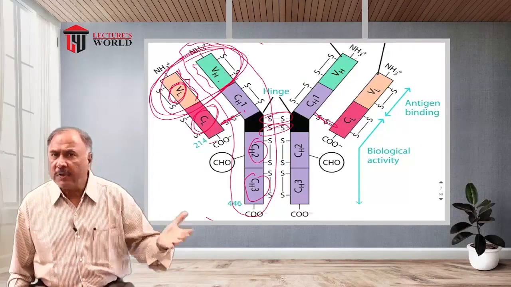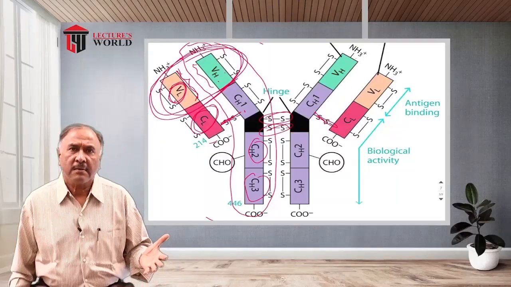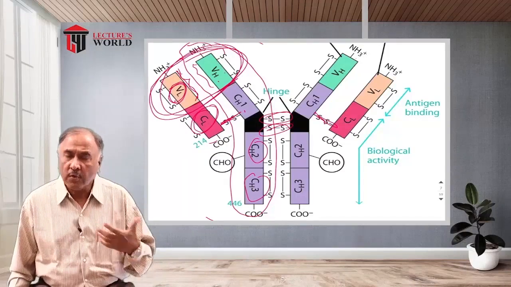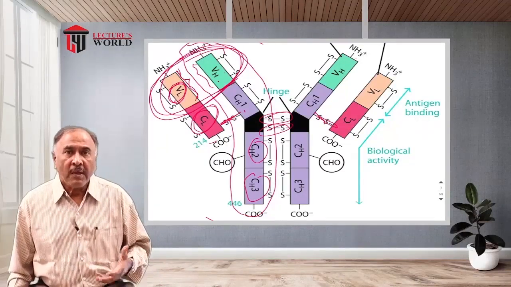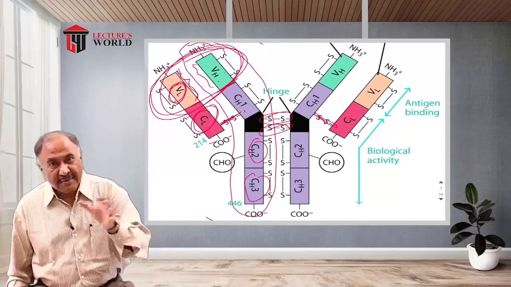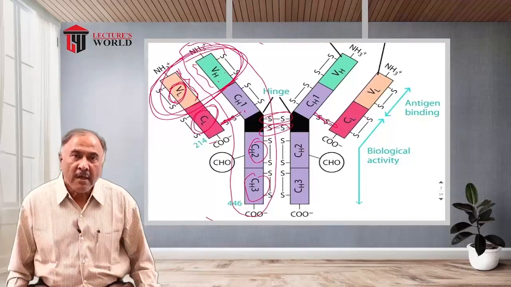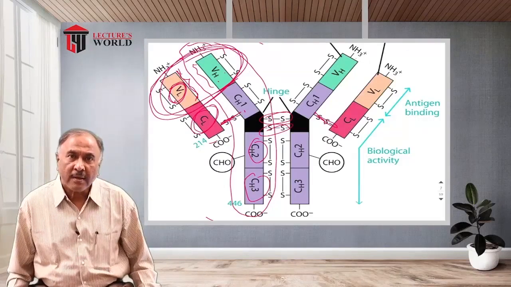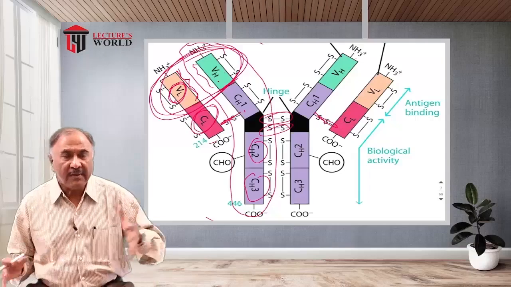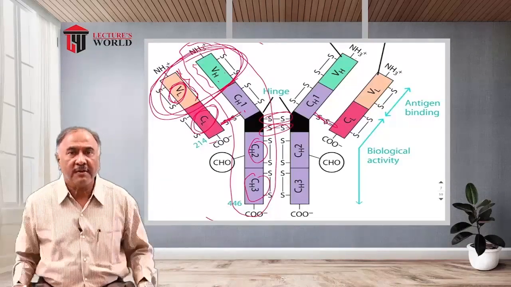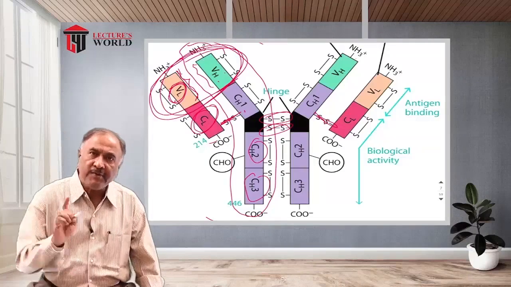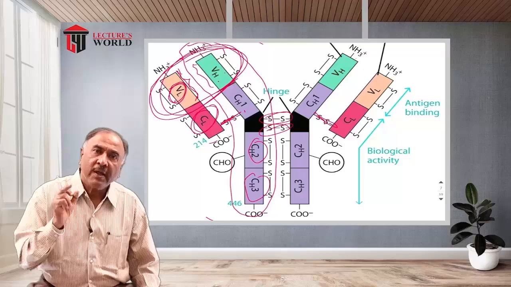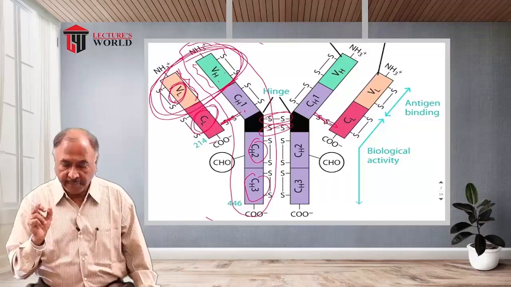So there are innumerable immunogens, and naturally the host should have the ability to produce a similar innumerable huge amount of immunoglobulins. Then they will be able to bind with one. So this is the variable region which plays an important role in what we call antibody diversity. Okay.